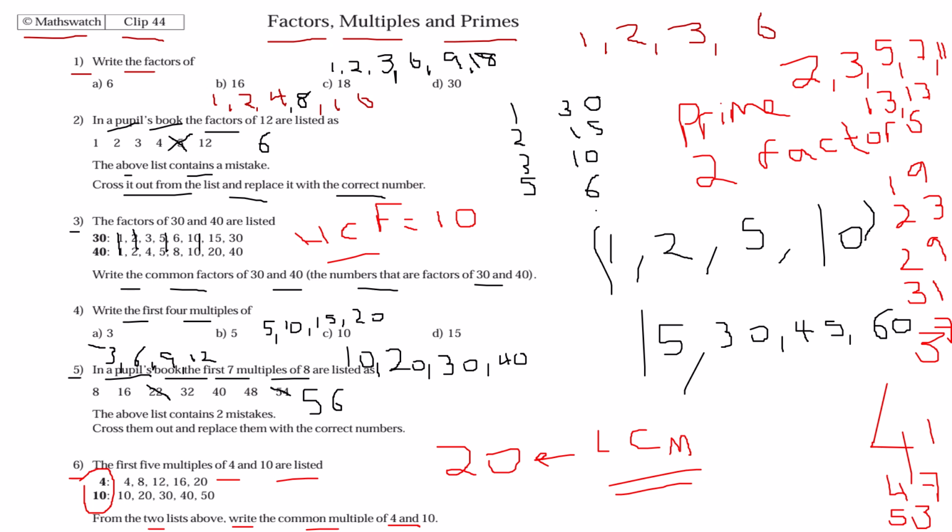But 1 is not a prime number and 2 is the only even prime number. The rest of the prime numbers here are odd. So 3, 5, 7, 11, 13, 17, 19, 23, 29, 31, 37, 41, 47, and 53.